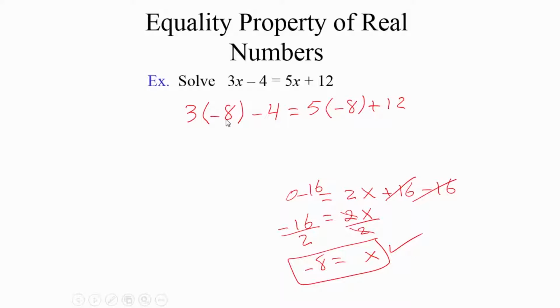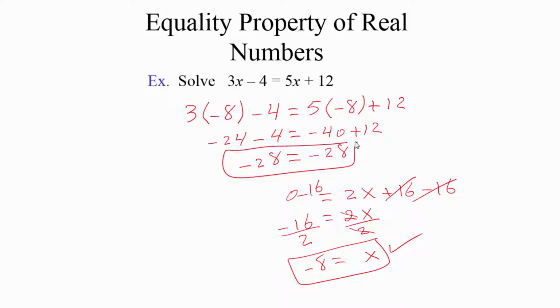So 3 times minus 8 is minus 24, minus 4, equal 5 times minus 8 is minus 40 plus 12. Minus 24 minus 4 is minus 28, equal minus 40 plus 12 is also minus 28. So the left-hand side equals the right-hand side for this answer.